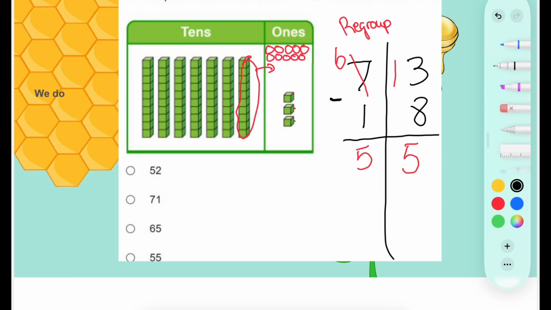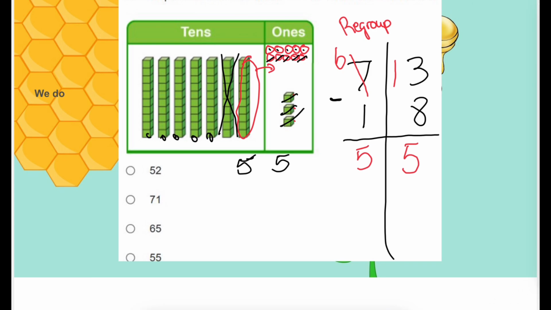We're taking away 8. 1, 2, 3, 4, 5, 6, 7, 8. We're left with 5 ones. And we're going to take away one more 10 to say we took away 18. So the answer is 55. Those are two different models.